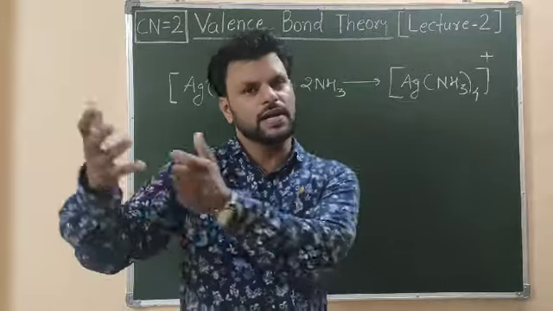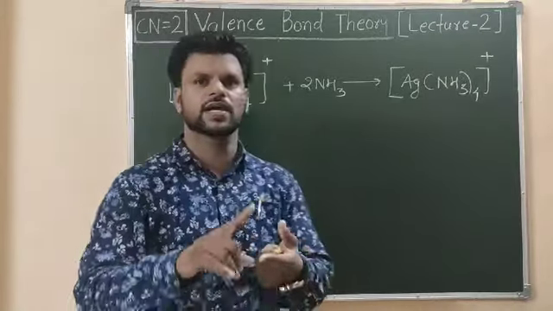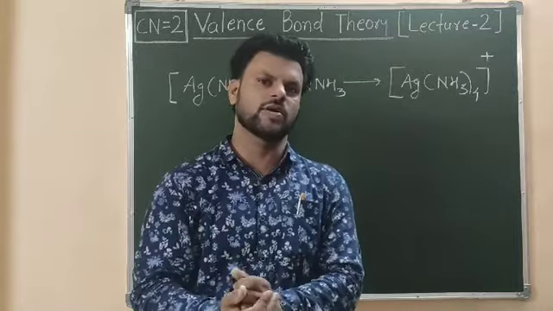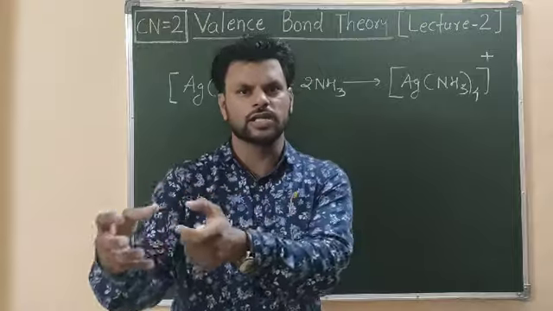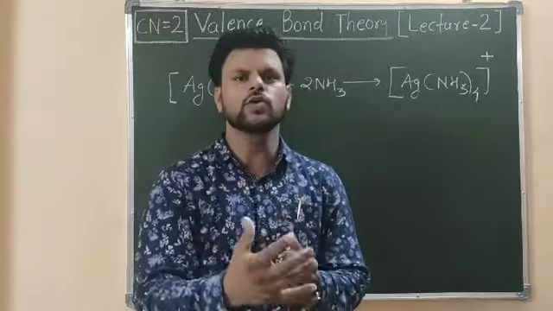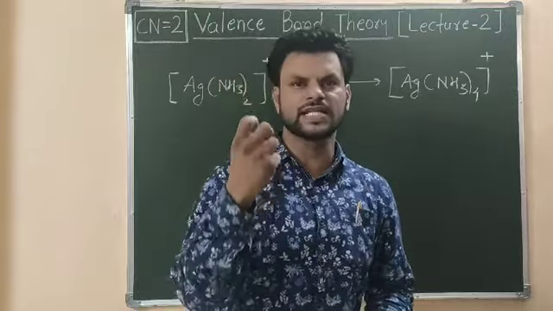If I compare with small ligands, like chloride, cyano and amine, they are small in size, and when we have coordination number 2 with these small ligands, they are not stable. But we can obtain stable complexes if the ligand size is bulky.